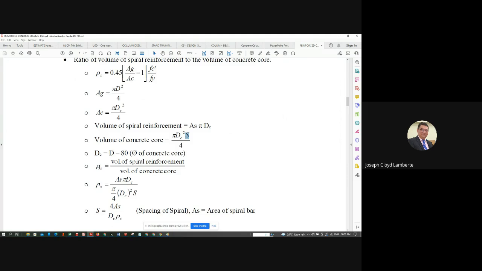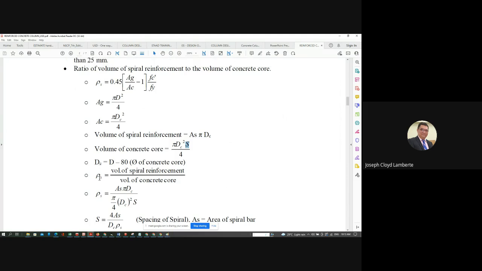The spiral ratio is the volume of the spiral reinforcement over the volume of the concrete core. This is to determine the spacing of your spiral.